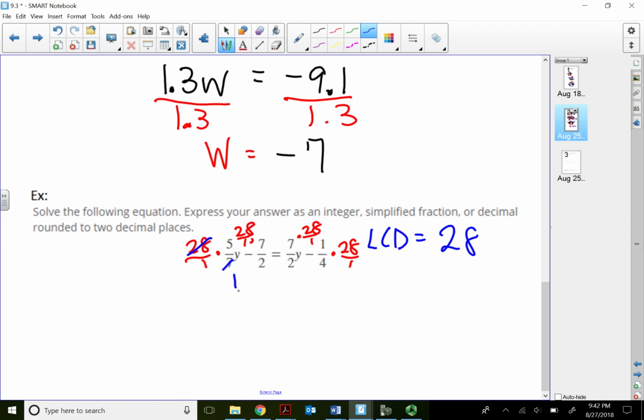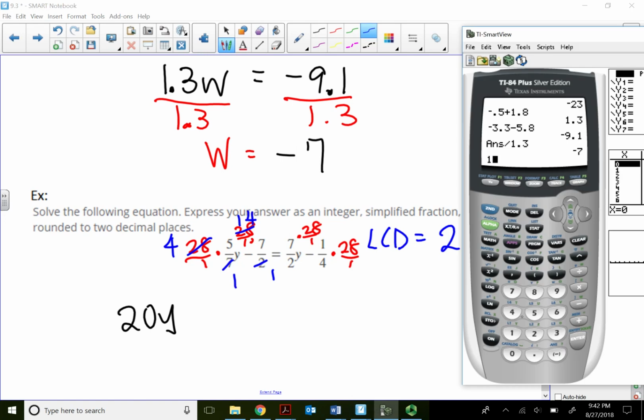20 and 7 reduce into 1 and 4. So 4 times 5y will give me 20y. Okay, no more denominator because they all become 1. All right, top 28, bottom 2 reduce into 1 and 14. 14 times 7, negative 98.